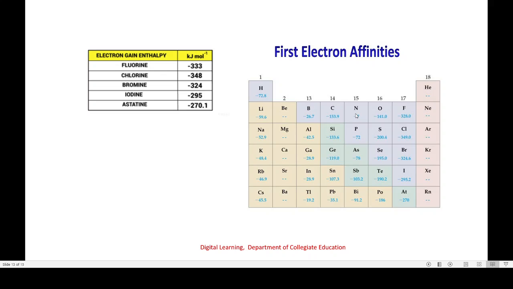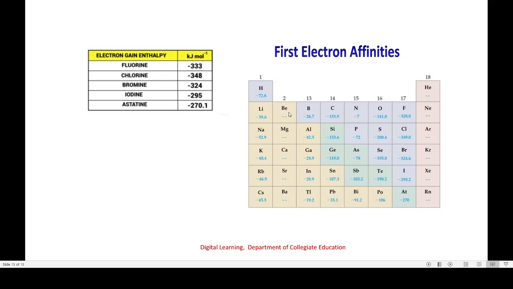When we take nitrogen, its electronic configuration is 2s2 2p3. So it has a completely filled s subshell and a half-filled p orbital, and hence it has less affinity to take up an electron, and hence a very low electron affinity.